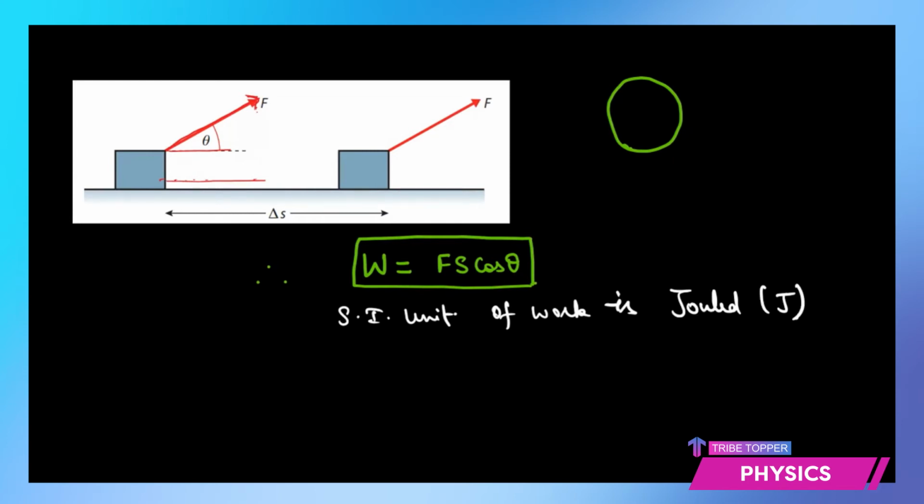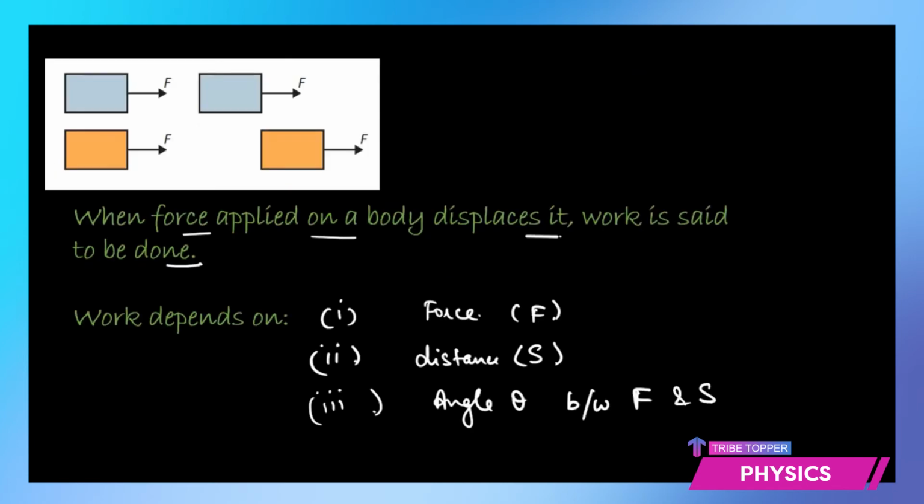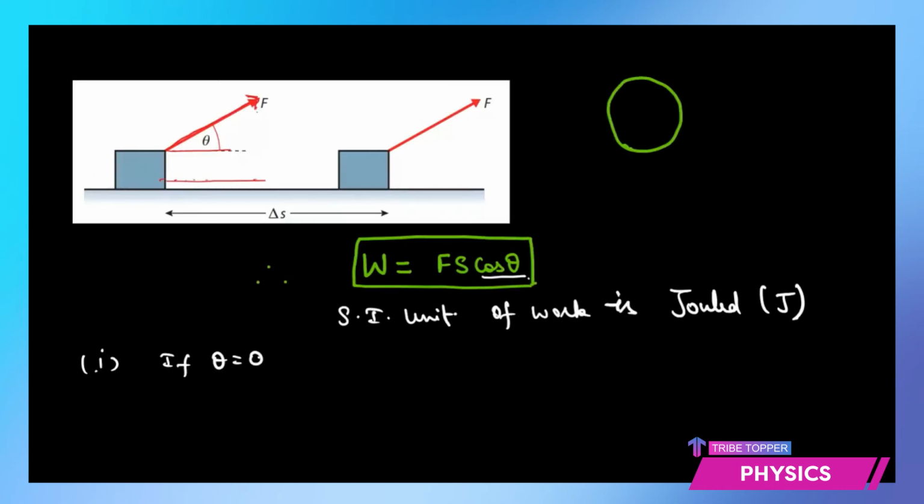Now how do we decide? Interestingly, whenever this theta comes into play, there are always three special cases. The first special case is that if your theta is 0, like we were doing here, the force applied is in this direction, and the displacement made is also in this direction. So F and S are both acting in the same direction. So theta is 0 and cos 0 is 1.